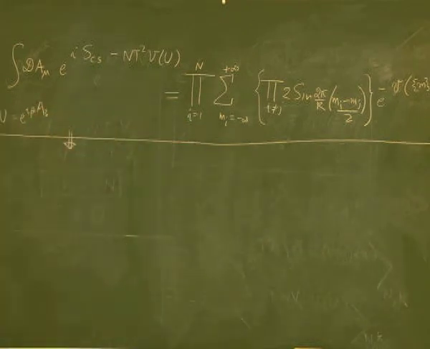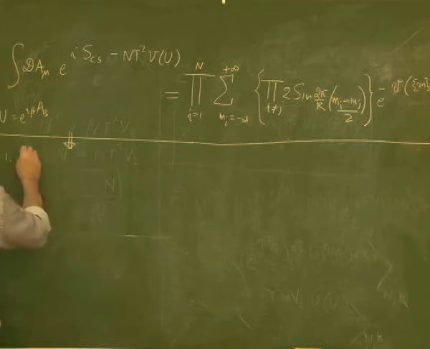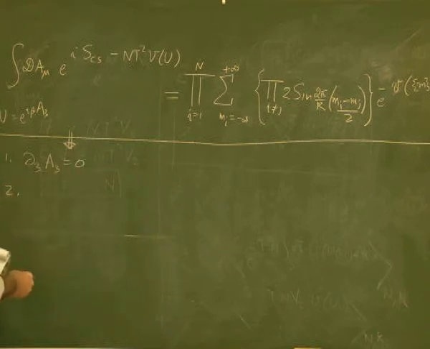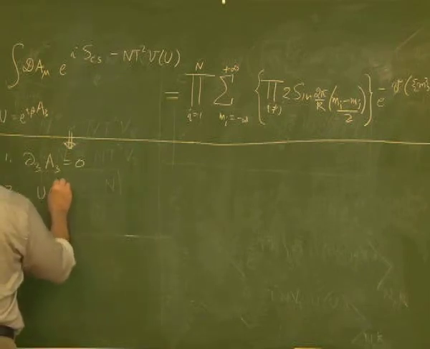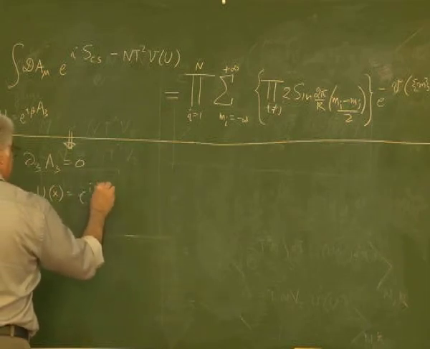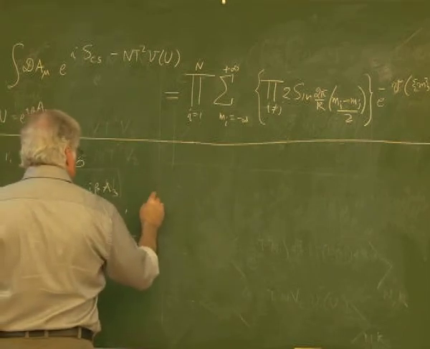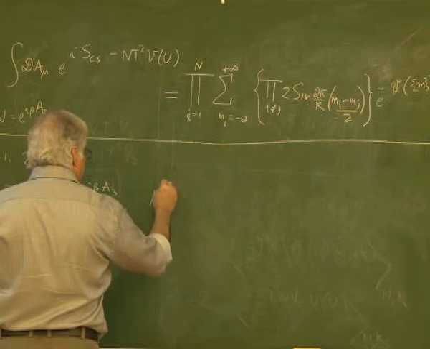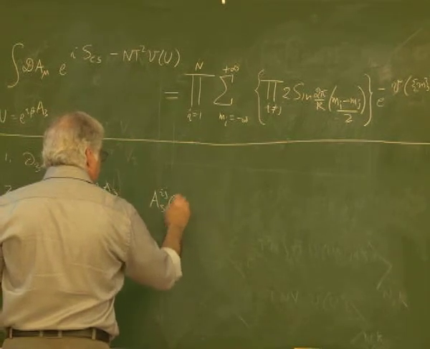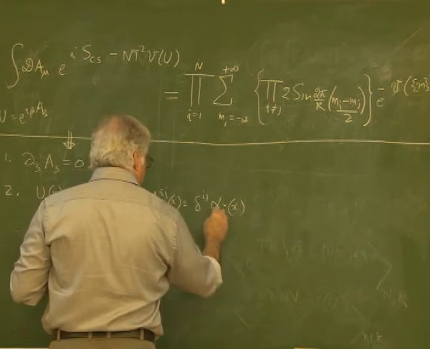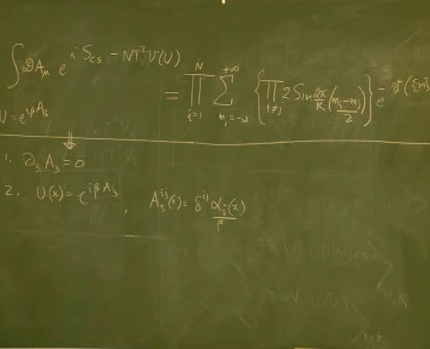Now, I already said that one gauge which I have fixed is this one. So I'm left with gauge transformations which are valued on the sphere. So what I do is take this holonomy matrix on the sphere and say that the gauge choice is such that it is diagonal, that is A3 ij at every point on the sphere is delta ij alpha i of x, and I put this beta for normalization.